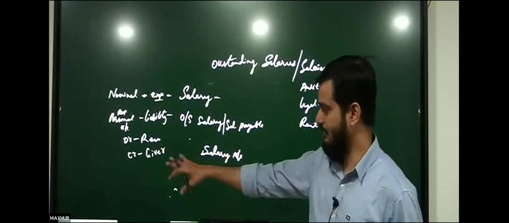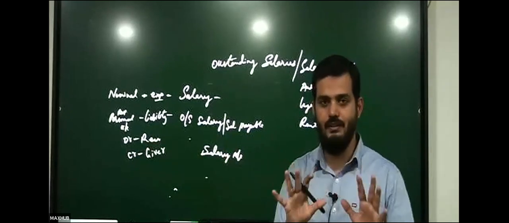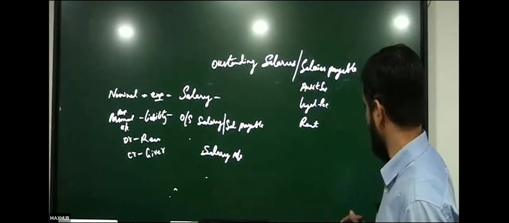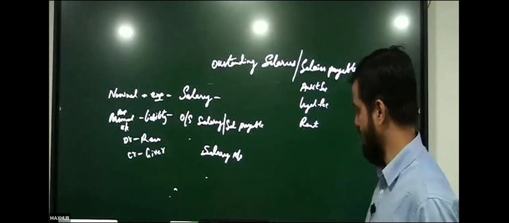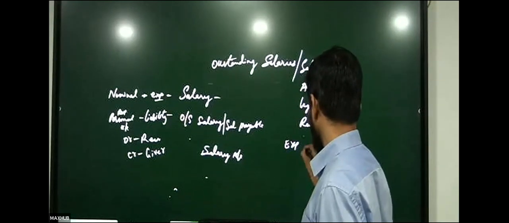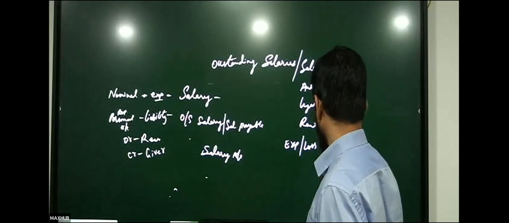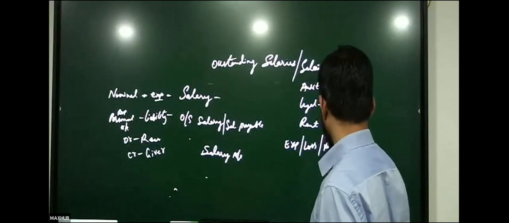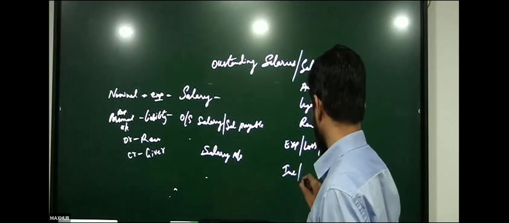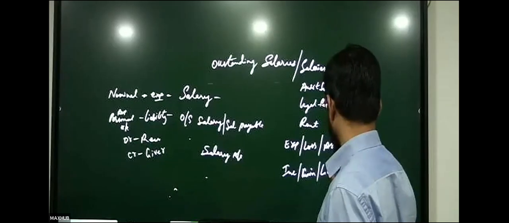People can give some reasons here, but to keep it simple, I will give you one thing you can remember. Always remember one table. Expenses, losses, assets: this is one group. Another group is income, gains, liabilities, capital.